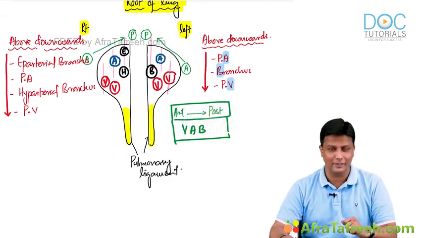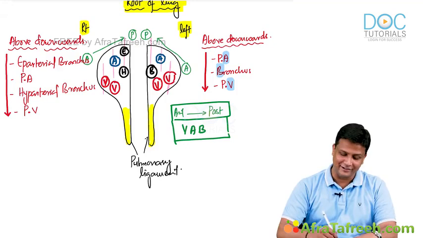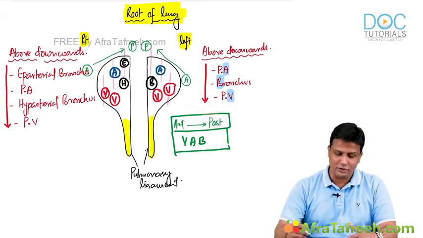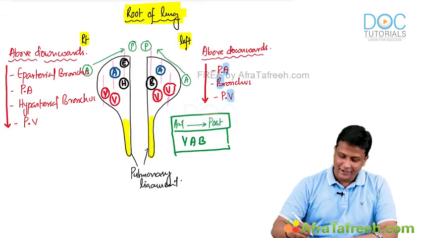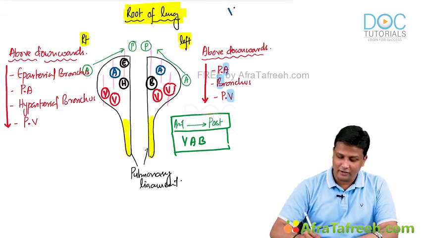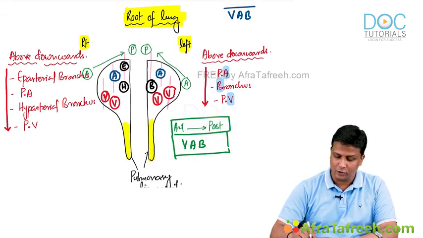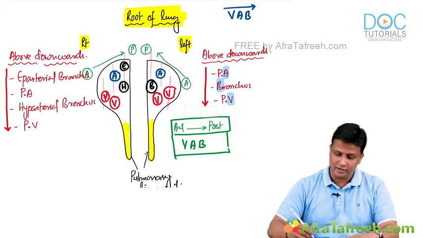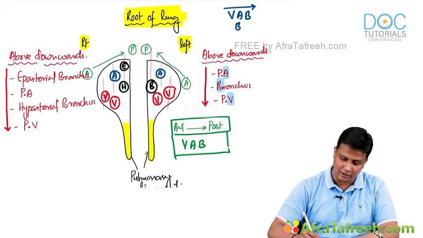There is one way of remembering. I'll tell you one more way of remembering here. I want to give everything possible for you people, and you are mature enough to follow whatever you want. Anterior to posteriorly, it's vein, artery and bronchus. And above downwards, it is artery, bronchus and vein.